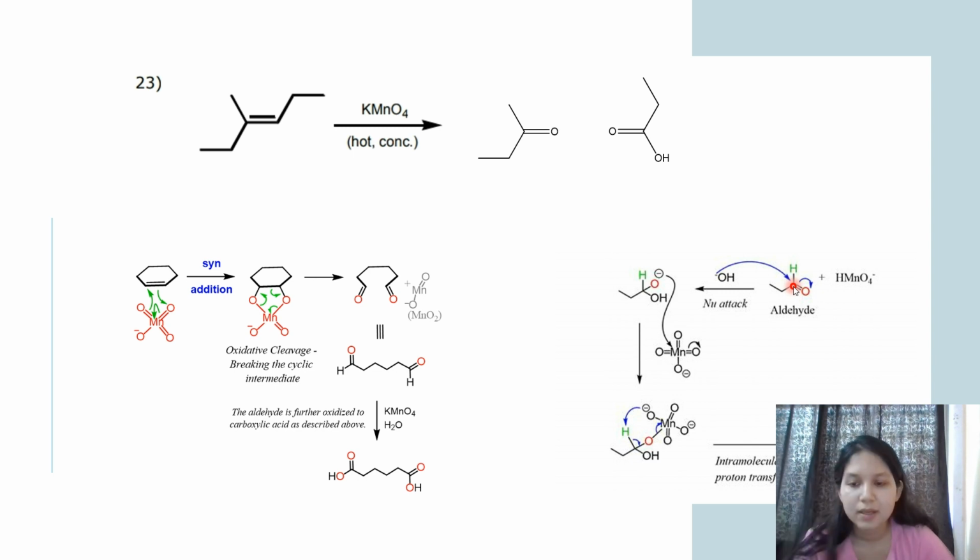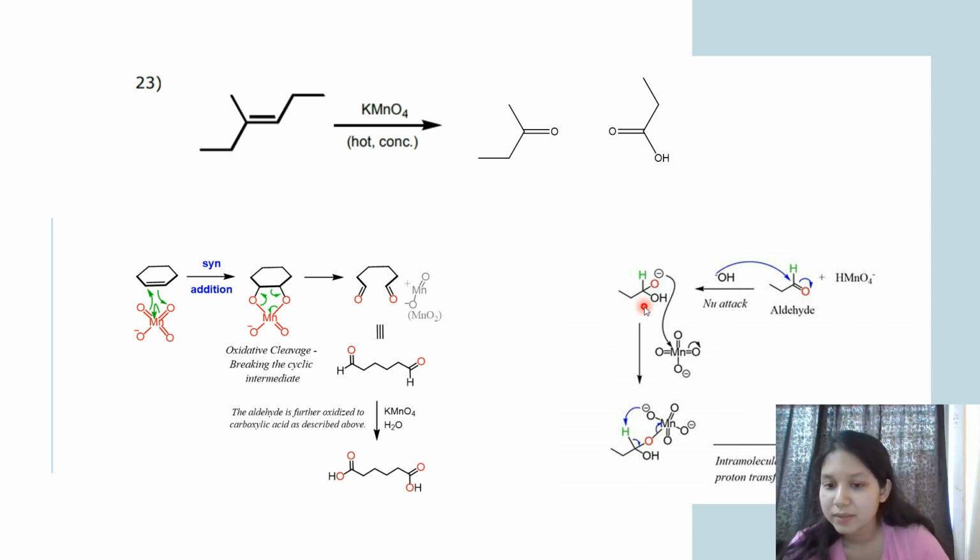Okay, this carbon atom is highly electron deficient, so the hydroxide present in the system, you can imagine from a water molecule as well, will attack at this nucleophilic carbon. The electrons will get pushed to this oxygen to give you an oxygen anion here, and you get this anion in return. Now this anion will react with the second molecule of potassium permanganate.